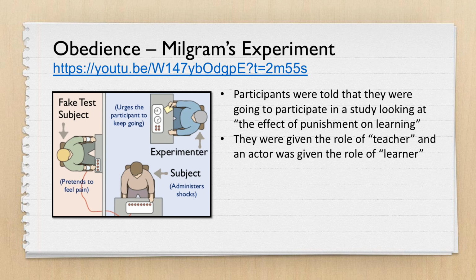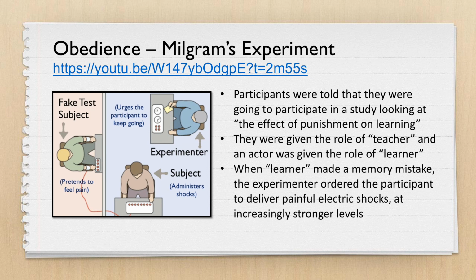Although the participant was led to believe that they had an equal chance of being either the teacher or the learner, the participant was always assigned to be the teacher, and the confederate was always assigned to be the learner. When the learner made a memory mistake, the experimenter ordered the participant to deliver painful electric shocks at increasingly stronger levels.